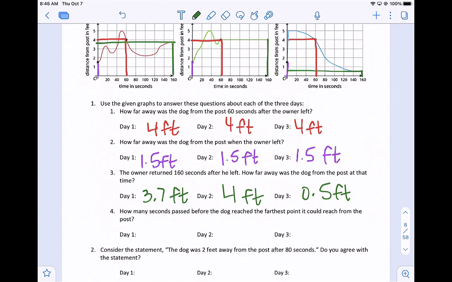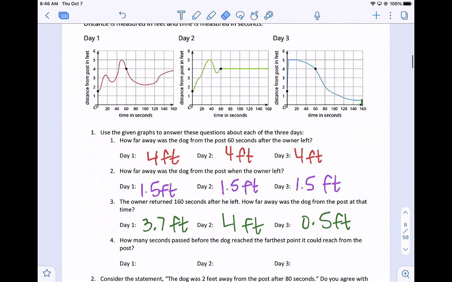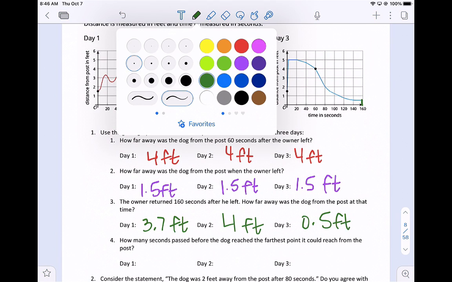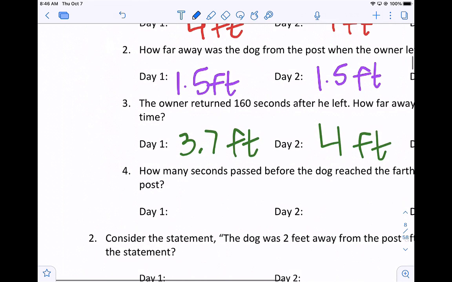How many seconds passed before the dog reached the furthest point it could reach from the post? All right, so we have a lot going on here. Let's erase. All right, so time that's furthest away. I'm going to use blue. And for day 1, it was 5 feet away at about 50 seconds.